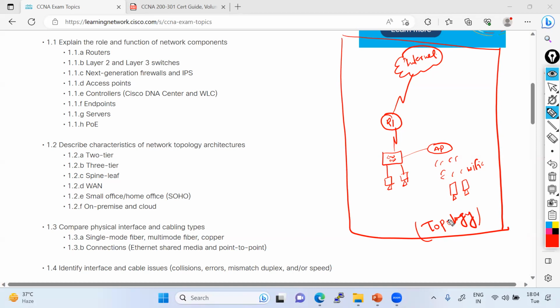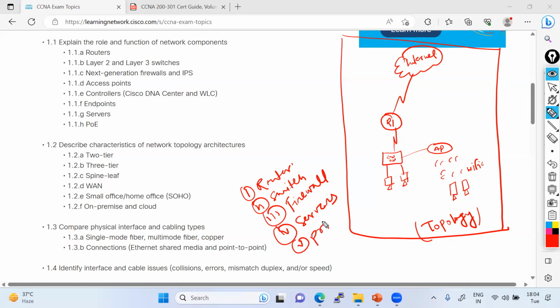It could be the routers, the switch, the firewall, the servers, the printer, the access point or WLC, CCTV, etc. A lot of devices. If we connect them together, they build a network topology.